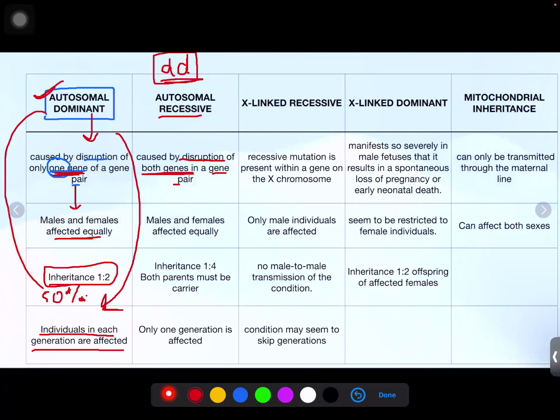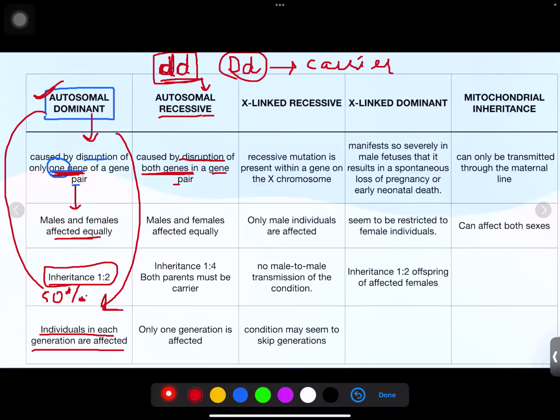Now there are two possibilities in autosomal recessive. If the two mutated genes are present in an individual, then the patient will be diseased with autosomal recessive. But if there is one normal gene and the second recessive gene is present, this will be a carrier.